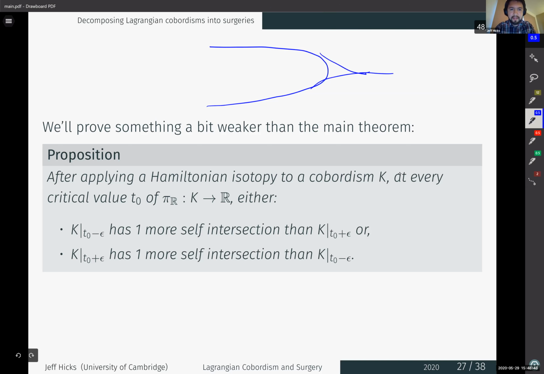This means that if you have some kind of Lagrangian cobordism, one end of the cobordism is more immersed than the other one is, more embedded than the other one is. And once you find these self-intersections, it's relatively easy to find the Whitney spheres which contain these self-intersections.